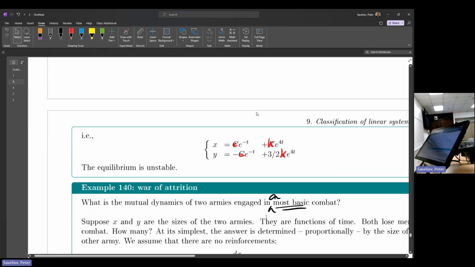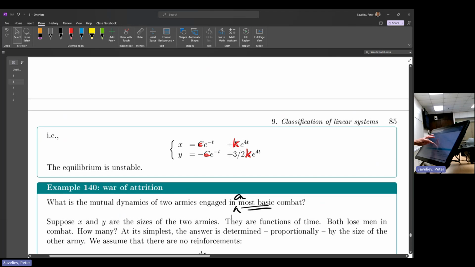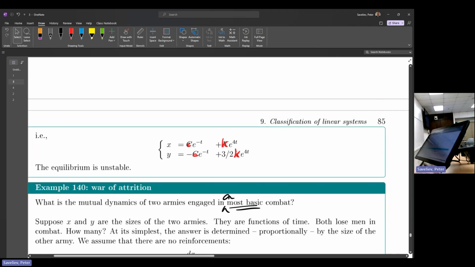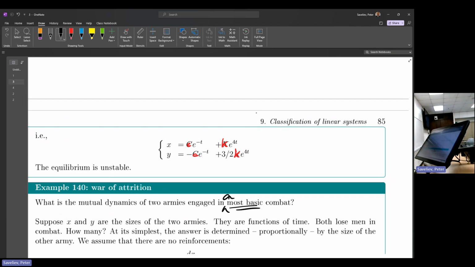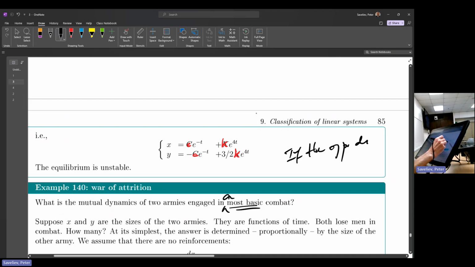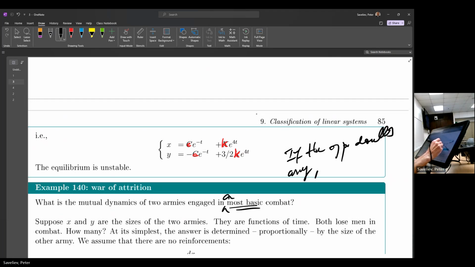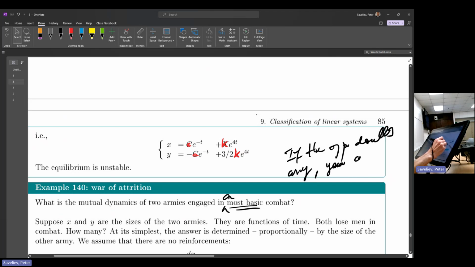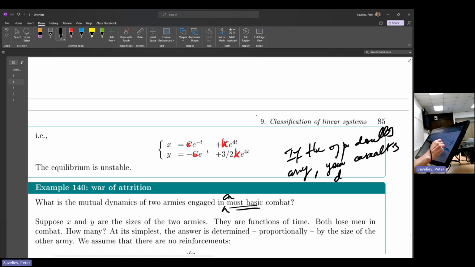So the size of the two armies is what matters the most, because roughly speaking, the bigger the opponent, the more bullets shot at you, and you're more likely to die. So if the opponent doubles his army, your casualties double too.